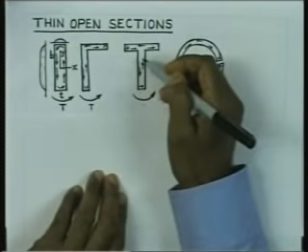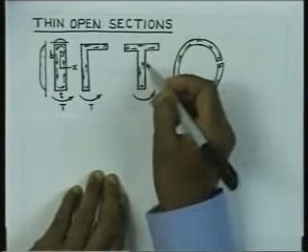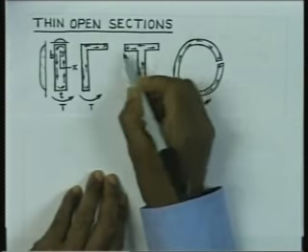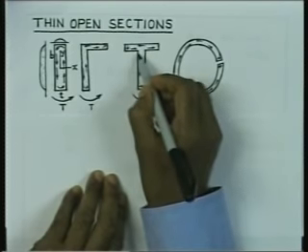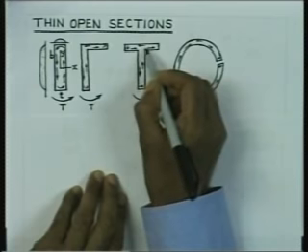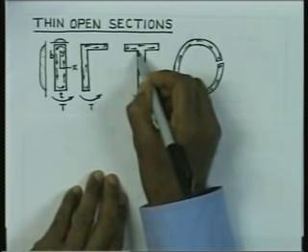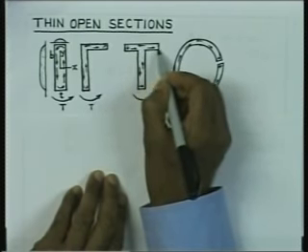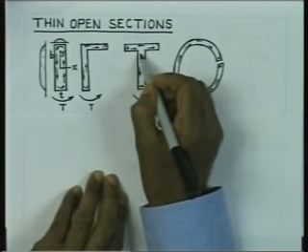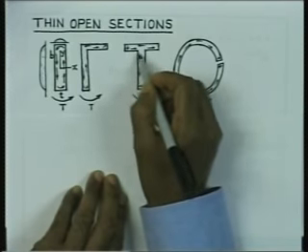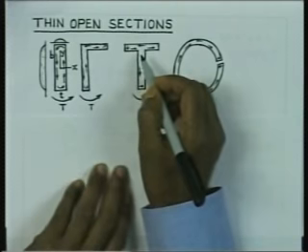Similarly, here we can just consider this to be consisting of two portions. We can consider it to be consisting of this rectangular segment and this rectangular segment, and we can apply the membrane analogy.